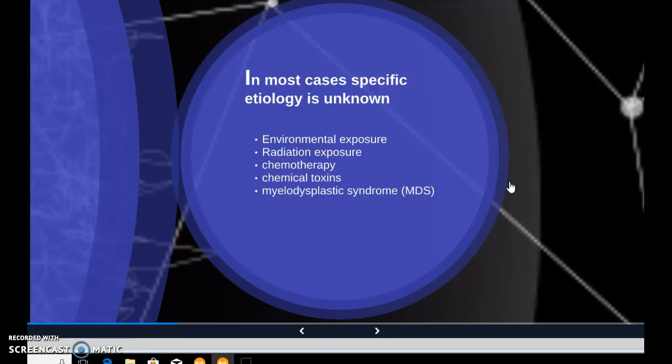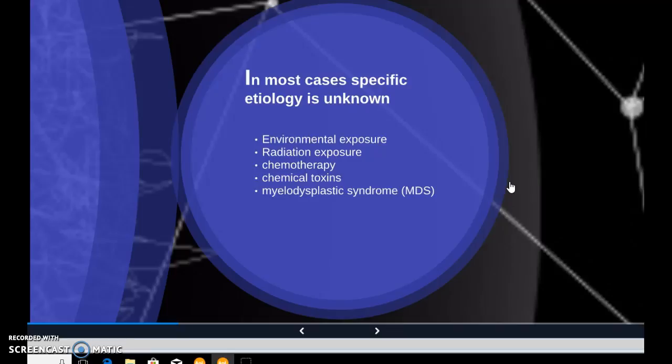Chemotherapy, some of our alkylating agents, carries risks of AML, our acute cases. Some chemical toxins, such as Agent Orange from the Vietnam War, have been associated with chronic leukemia and also myelodysplastic syndrome.